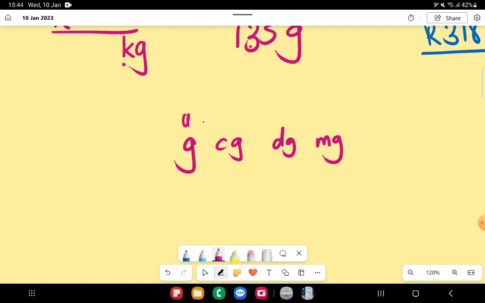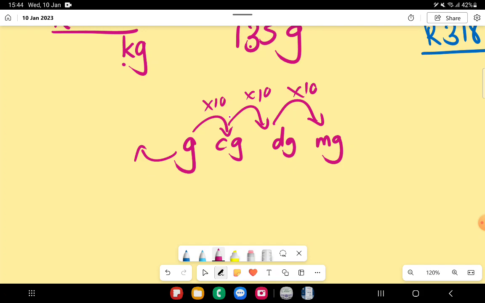So if you are going in this direction, you are going to multiply by 10, multiply by 10, multiply by 10. Grams to milligrams, each one is times 10, times 10, times 10. If you are going in this direction, you are going to do the opposite. So in other words, milligrams, that becomes divide by 10, divide by 10, and divide by 10.